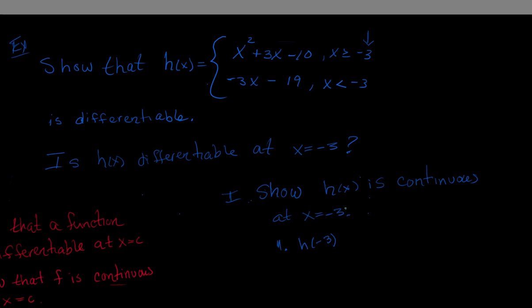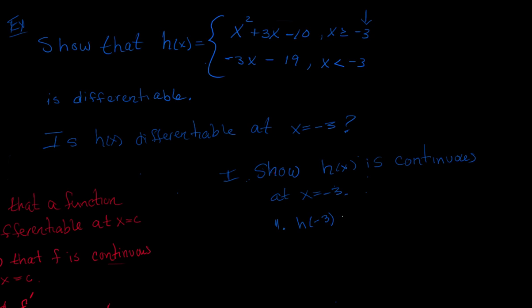So h of negative 3 will be negative 3 squared plus 3 times negative 3 minus 10, which comes out to negative 3 squared is 9, plus 3 times negative 3 is negative 9, minus 10. 9 plus negative 9 is 0, minus 10 is negative 10. Negative 10 certainly is a value, so h of negative 3 is defined, and we've taken care of step 1.